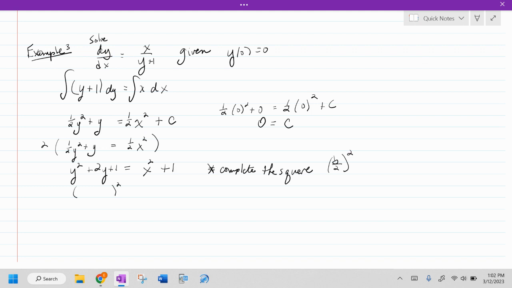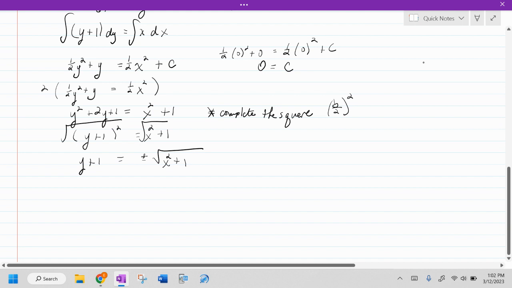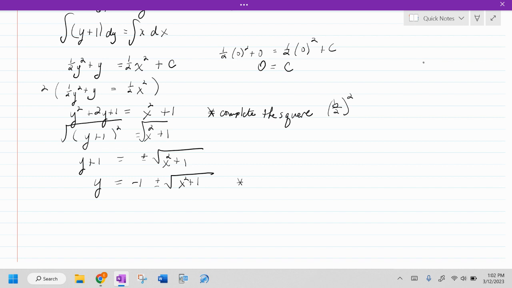Because if I do that, then y squared plus 2y plus 1 would be y plus 1 squared. And so now I can just take the square root to solve for y. So I get y plus 1 equals plus or minus the square root of x squared plus 1. And then I just subtract 1. So I get y equals negative 1 plus or minus the square root of x squared plus 1.